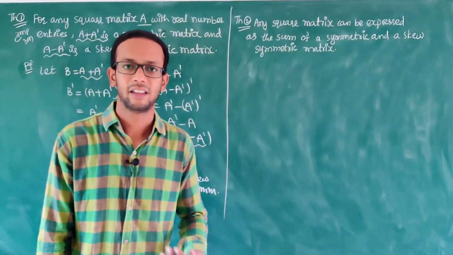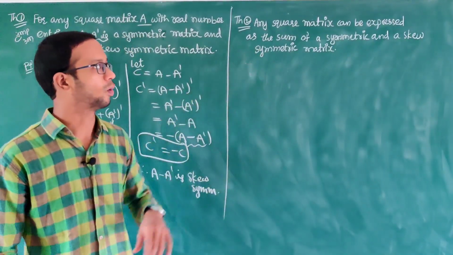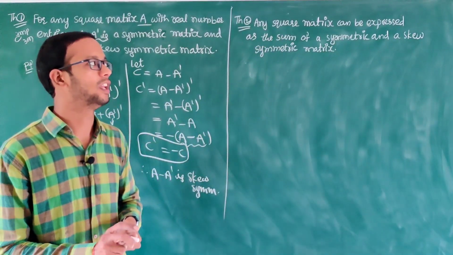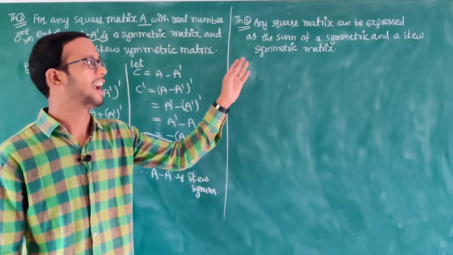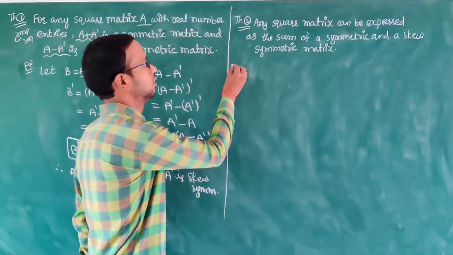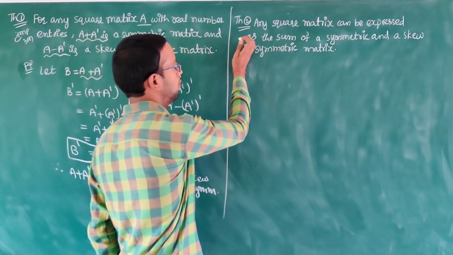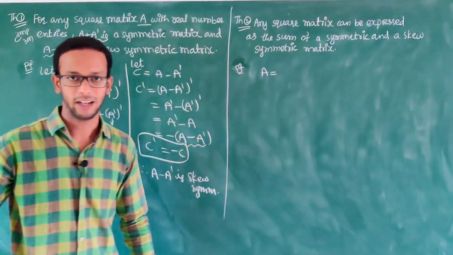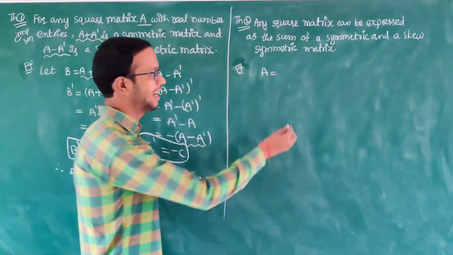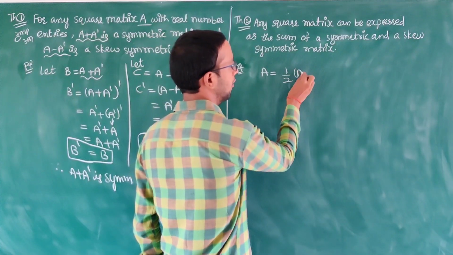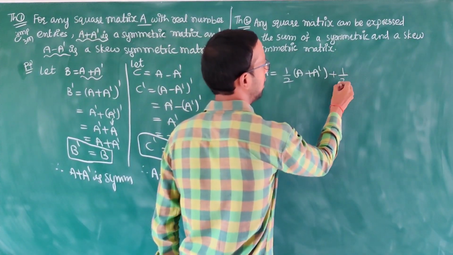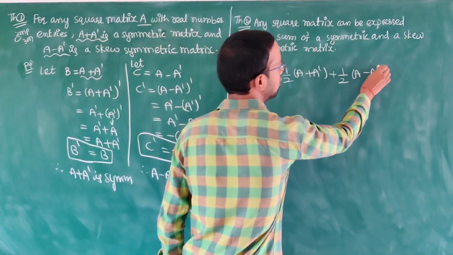Next, another theorem, theorem number 2. Any square matrix can be expressed as the sum of a symmetric and a skew symmetric matrix. Proof: A is a square matrix. We can write this as 1 by 2 into (A plus A dash) plus 1 by 2 into (A minus A dash).